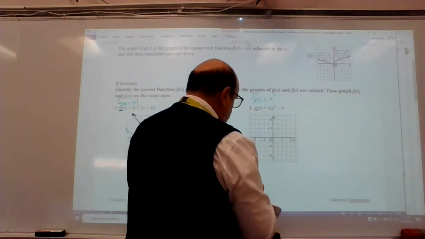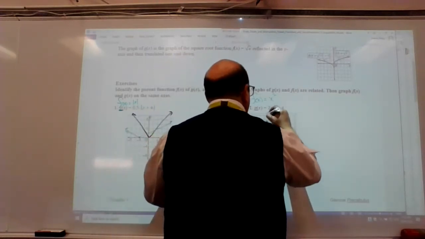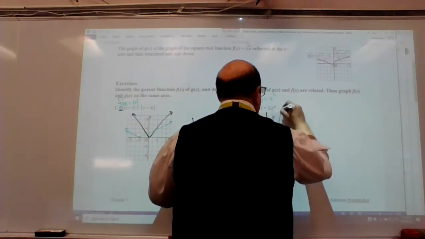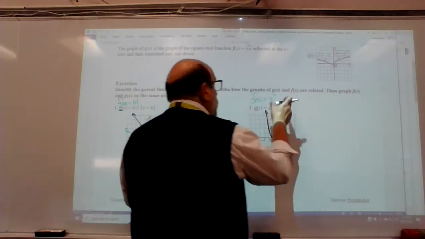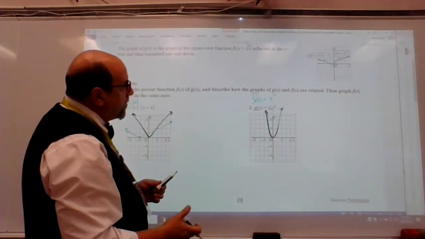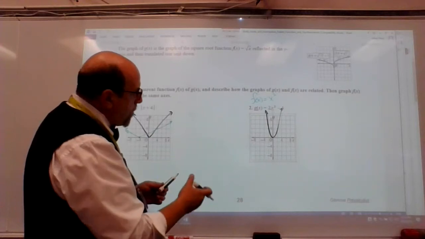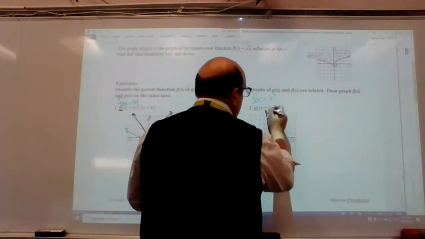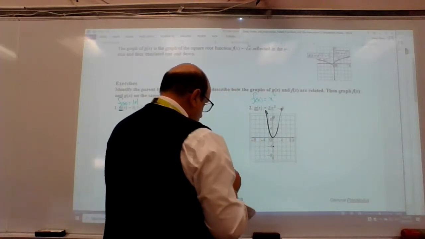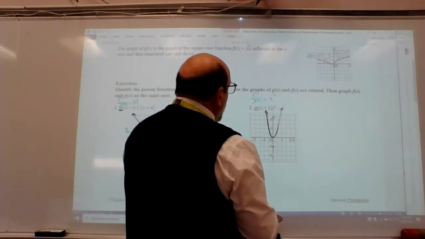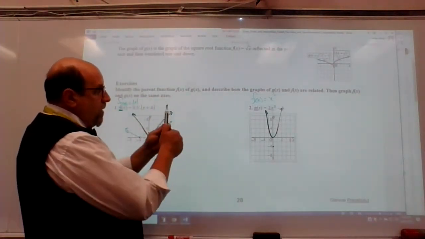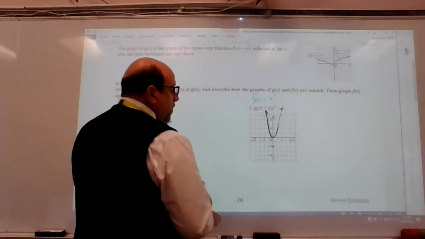So that's our parent function here. And it looks pretty thin, which is going to be kind of strange because we're also going to multiply it by a factor of 2. So besides the fact that we're going to drop it down 4 spaces, that's what it says, we're going to drop it down here. We're also going to narrow this little fella by a factor of 2.